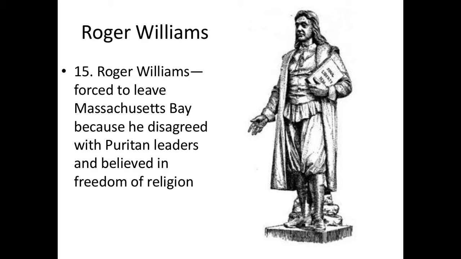And Rhode Island is going to promote the freedom of religion. So even though Roger Williams was a Puritan, he allowed for the people in his Rhode Island colony to practice whatever religion they wanted, whether they were Jewish or Catholic or even Puritan. He didn't care as long as you could practice and believe in whatever you wanted to.